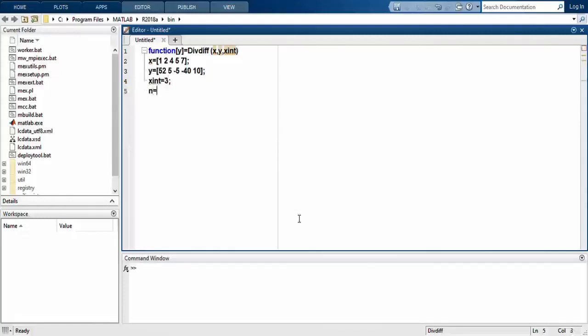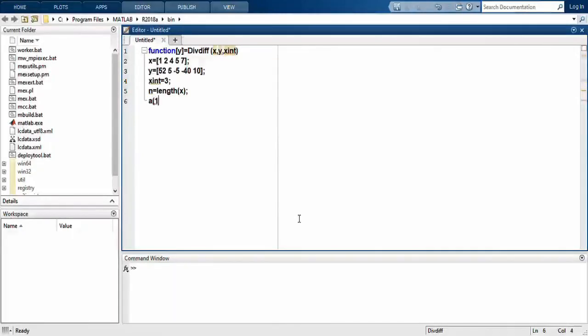N is equal to length of x. That will calculate the length of x, and according to n we will decide the number of orders, so it decides the number of columns. To initialize the coefficient, now MATLAB starts from 1, so instead of y0, a0, we write a1 and y1.